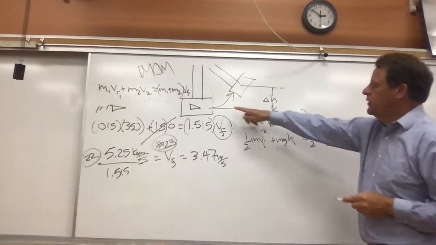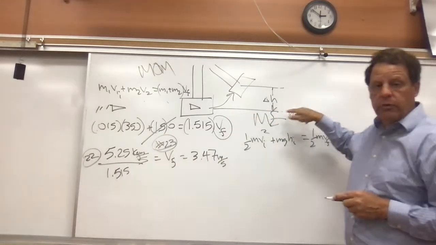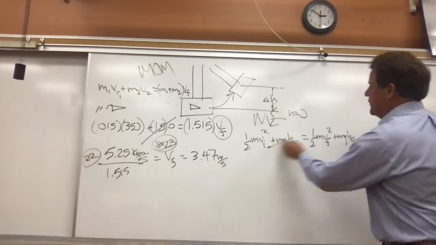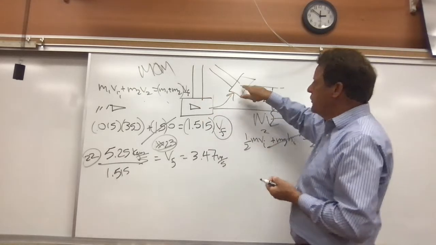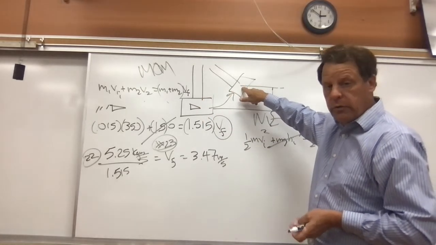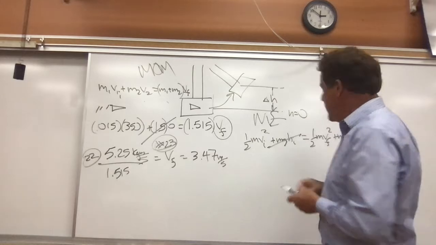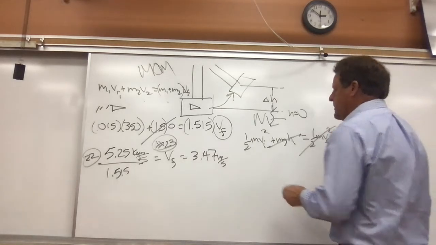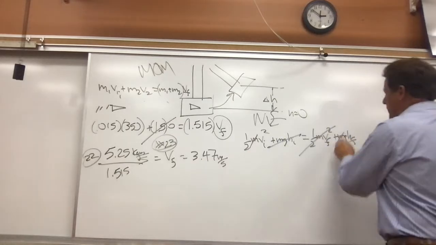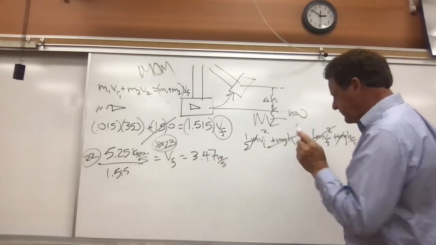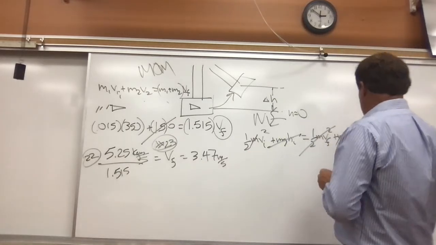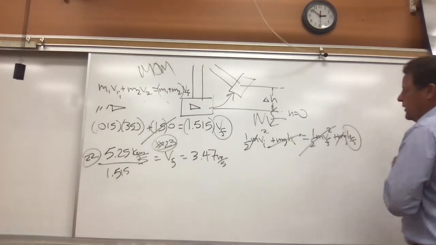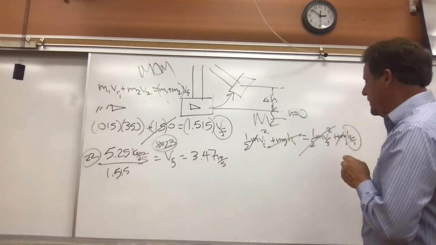Okay, now we can see it starts out, and if we make our h equal 0 right there, then this is going to cancel out. Once it reaches its highest point, it is going to stop momentarily, and that's the height that we are interested in, so that goes away. Also, we can see that our m's cancel each other out. And now we can just solve for that h right there.